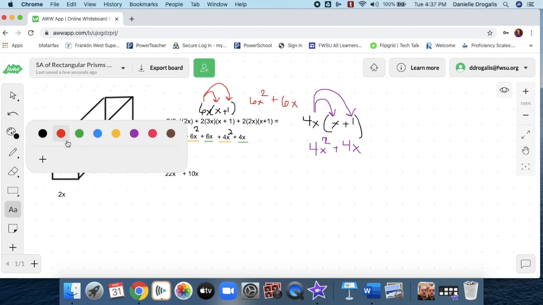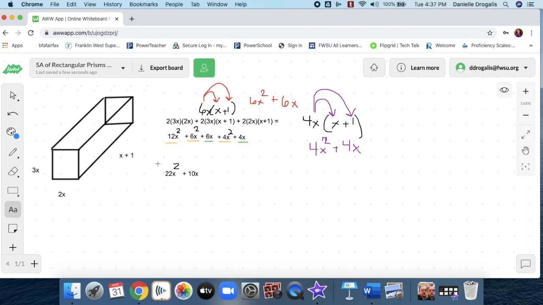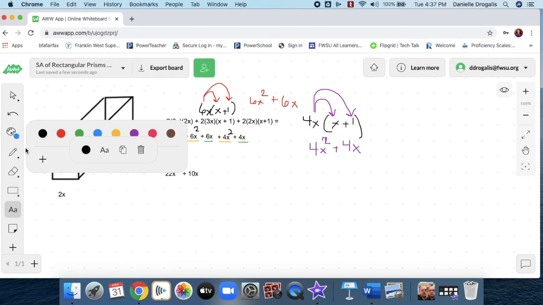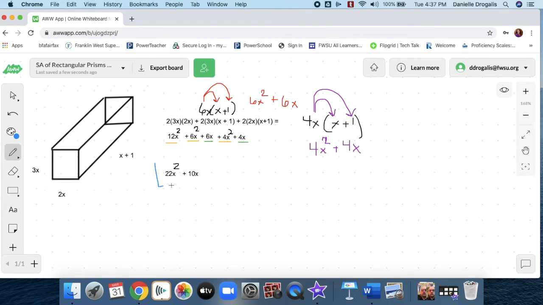And actually, without any more information, folks, this is our final answer, 22x squared plus 10x. And so notice it doesn't get us one term. But let's now add, as if there was this direction this whole time, what if we did in fact know the real value of x in this problem?